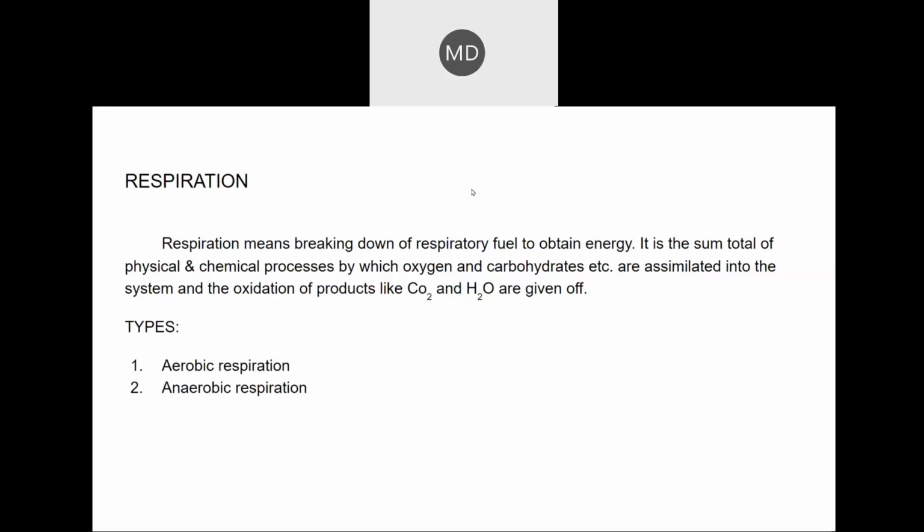But in this respiration chapter, there are mechanisms: how the organs work and how the entire process of respiration takes place. So it is a little bit tough if you don't know what a cell is and don't know the basics. What is unicellular?